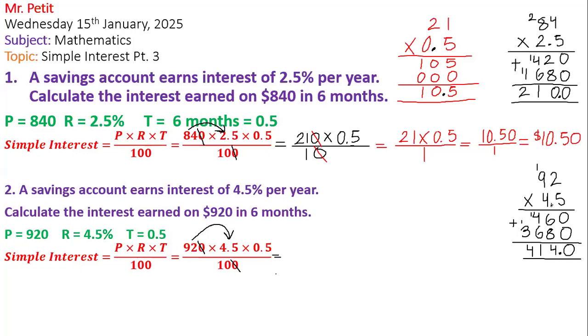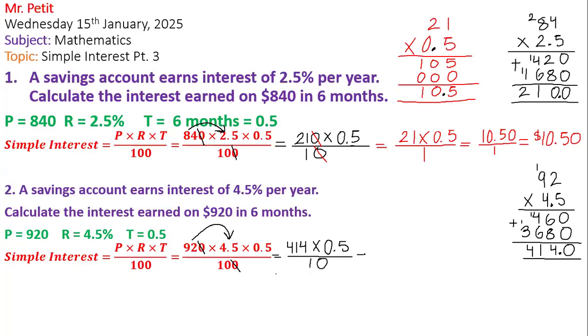But since we only have 1 number, it's just going to be 414.0, multiplied by 0.5, all over 10. Good.